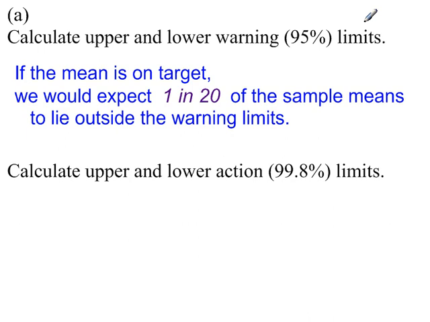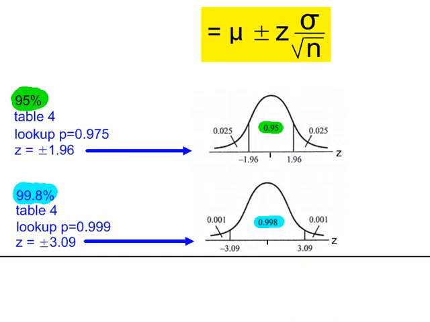When we go to table 4 and look up a probability, we have to look up something slightly different to these values. In the normal distribution, these go in the center. So with 95%, 95 is in the center, but we look up 0.975 from table 4. So Z in the formula here is plus or minus 1.96.